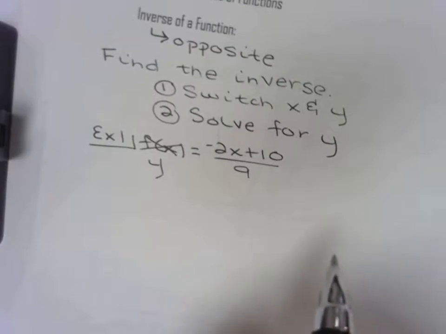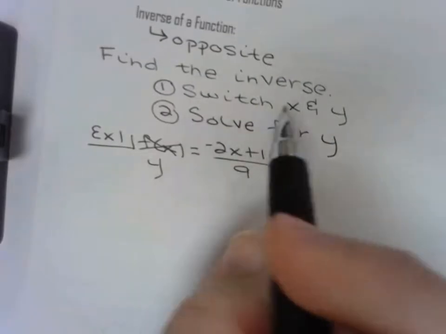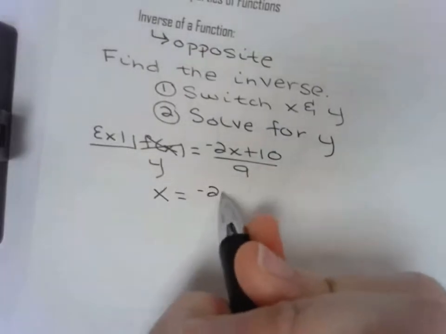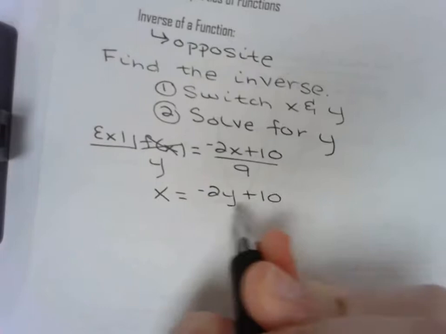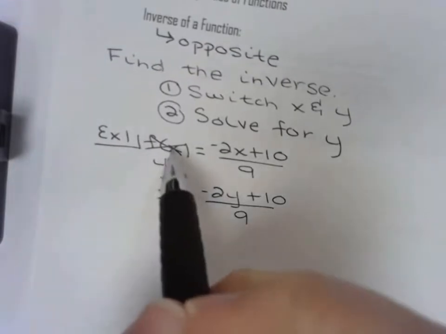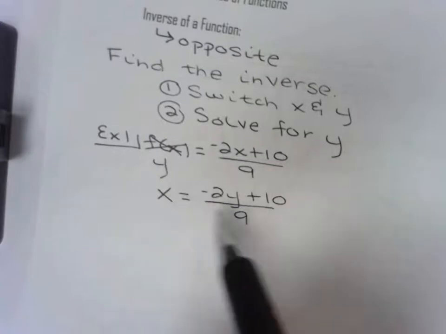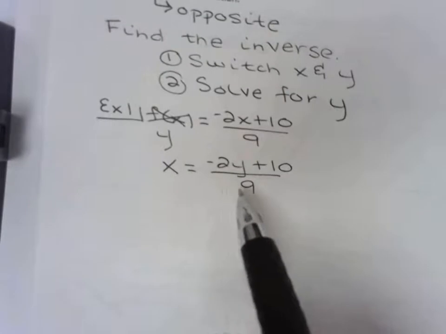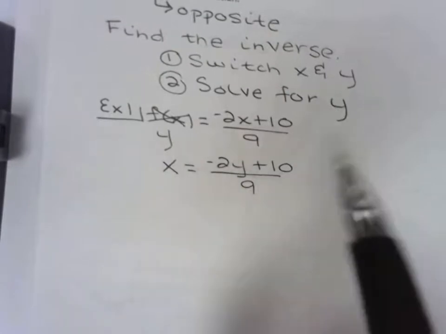So step 1, we're going to switch x and y. So x goes here, y goes where x is. Very doable. If you want to change f of x to y first, and then switch x and y, and then I want to solve this equation for y, which we've done before. What do I do first to solve this equation for y?